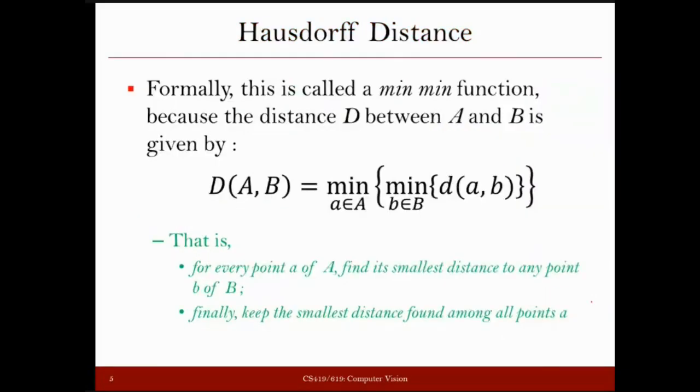Right? So you can define the formula like this, where you are comparing shape A with shape B. From shape A you take a point a, which is from capital A, and then from B you take all possible points and compute the distance. Whatever distance you are getting, that gives you one minimum, right? With respect to one a that you got from A, you are going to get one minimum. Let's say that is M1.